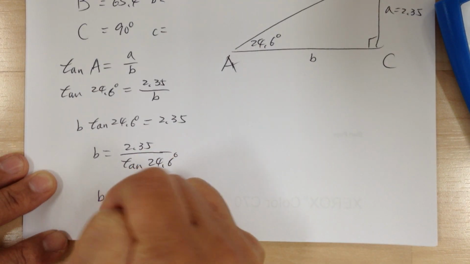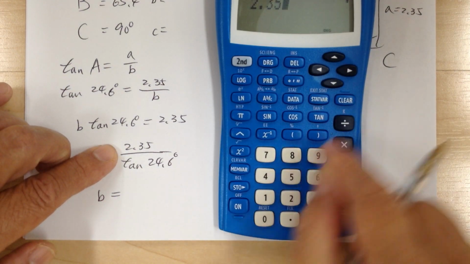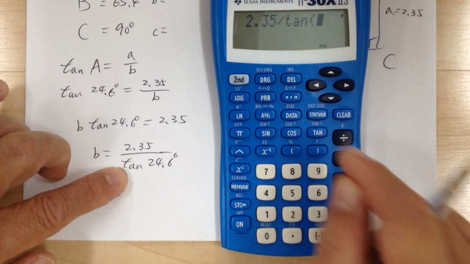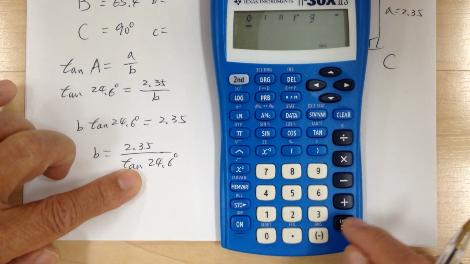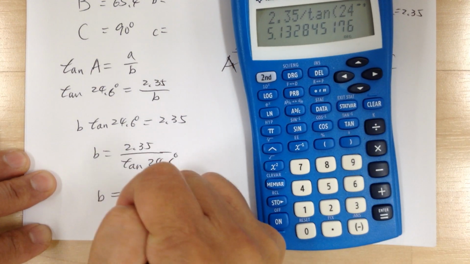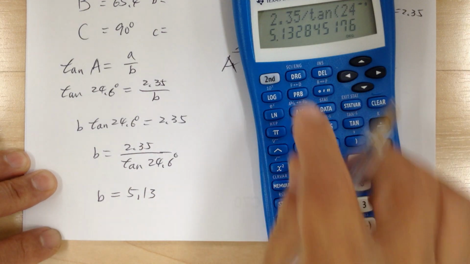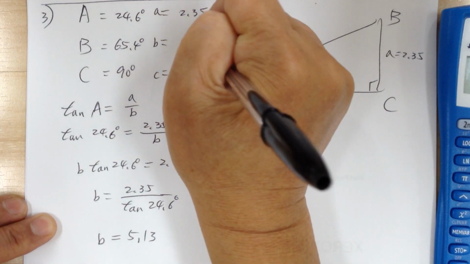So use your calculator. Okay, and equal. And so this is equal to 5.13. Okay, so let's put this up here. So b equal to 5.13.